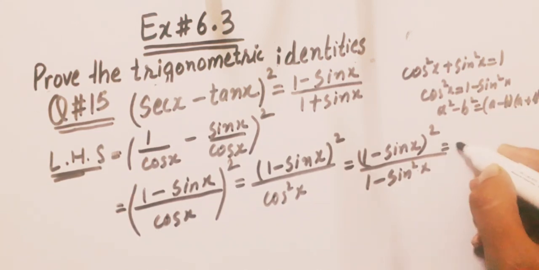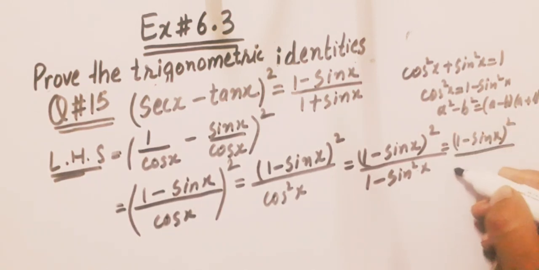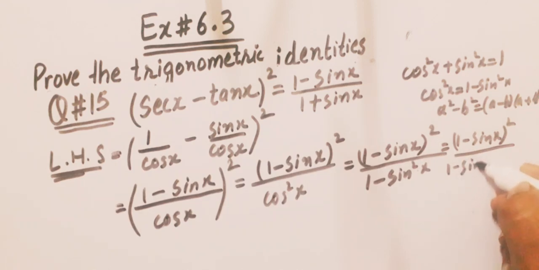So we will write 1 minus sin square x as 1 minus sin x into 1 plus sin x.